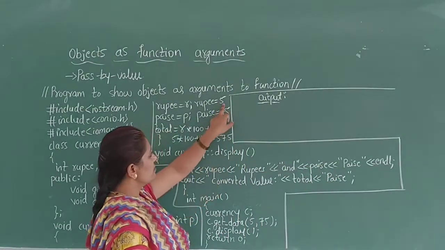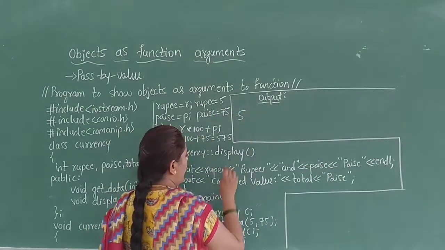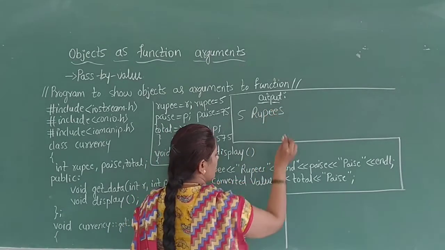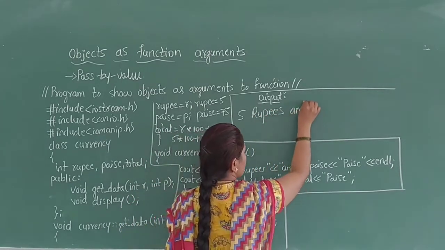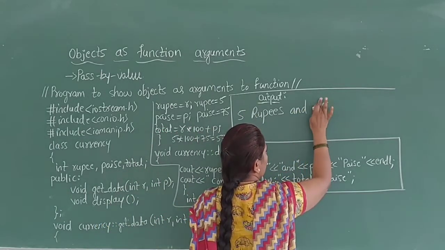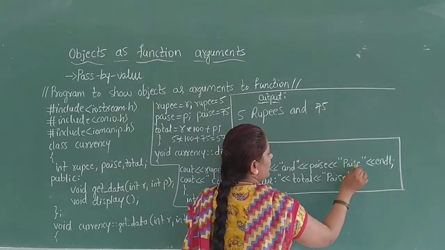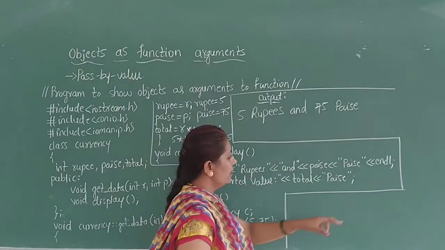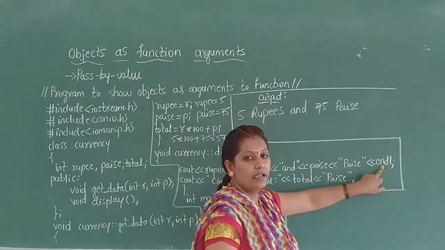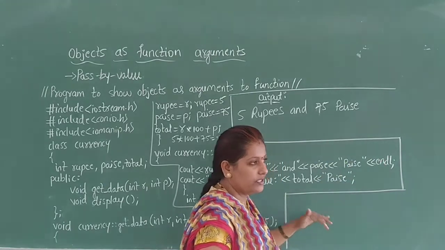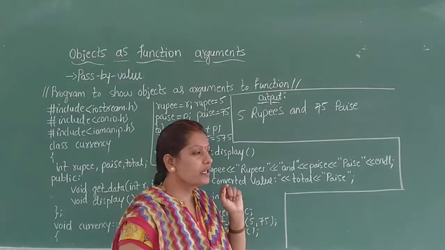Rupee is 5 rupees and paise value is 75 paise. And endl allows the control to go to the next line in the output.